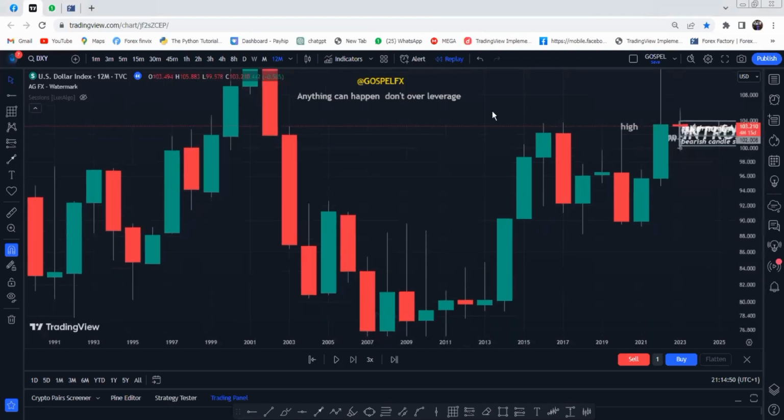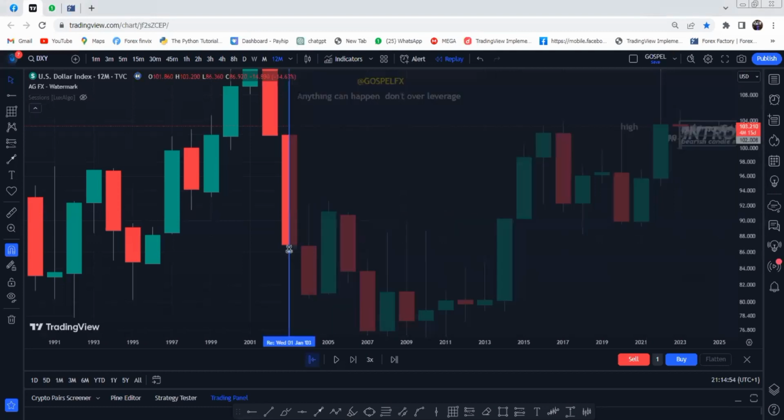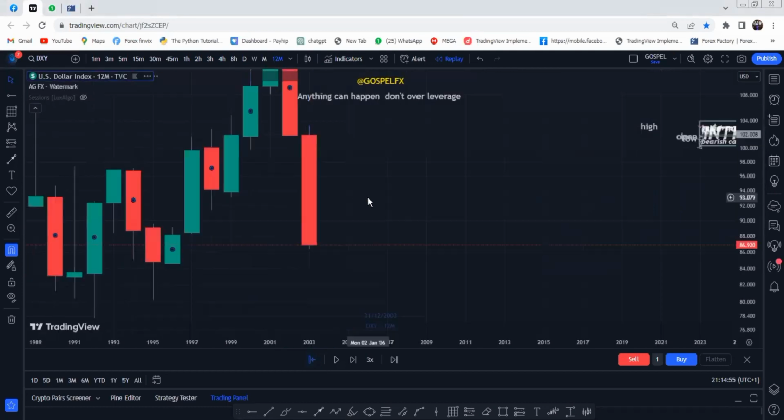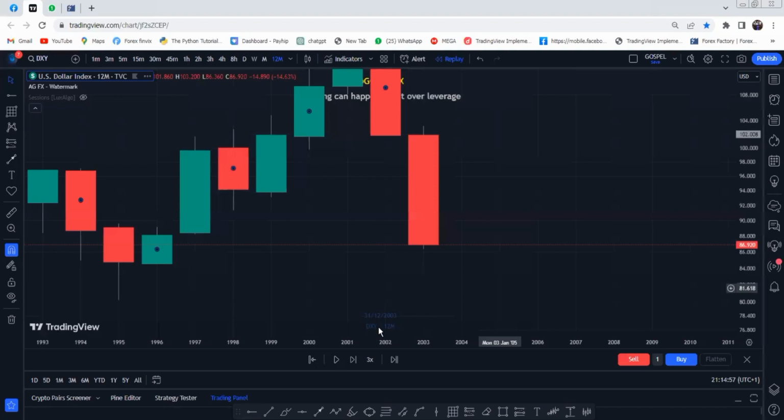Let's look at the candlestick that formed very far back here.